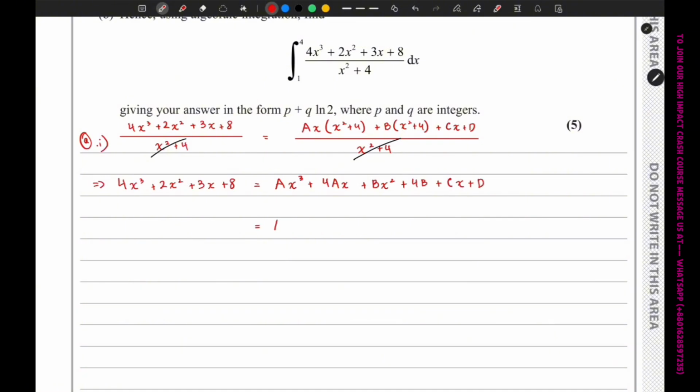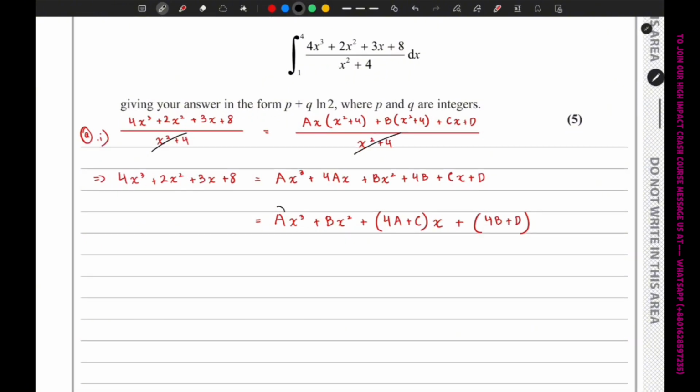Now if we rearrange this, we can write this as ax cubed plus bx squared plus, if we take x common, this becomes 4a plus c times x, and this becomes 4b plus d. Now these two are equal in values, obviously, because there is an equal sign in between them. Now what we can do is that we can equate the coefficients.